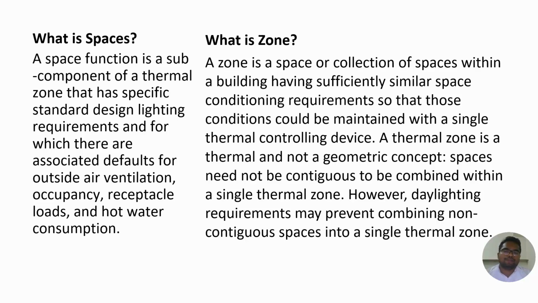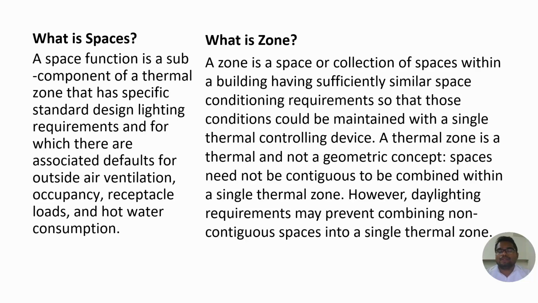It's possible. Basically, a zone will be controlled using a single thermostat, and it will have a single piece of equipment. For example, in a college you will have a number of classrooms. The classrooms may have similar properties. For example, each classroom will have 60 or 50 students, and they will have one projector, one TV, and one air conditioner.